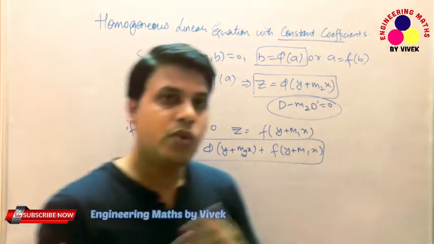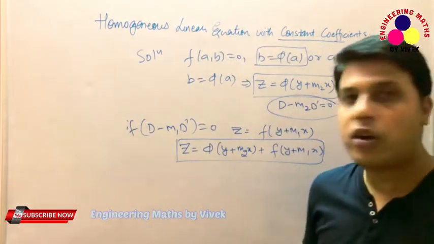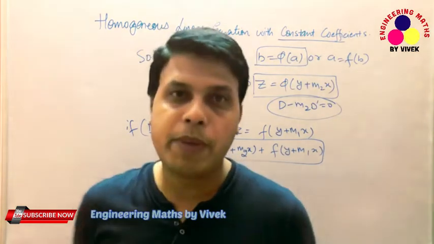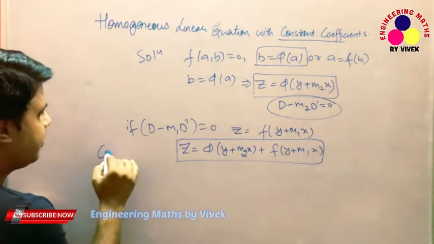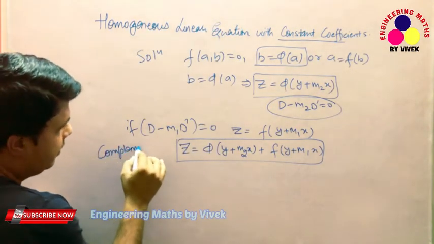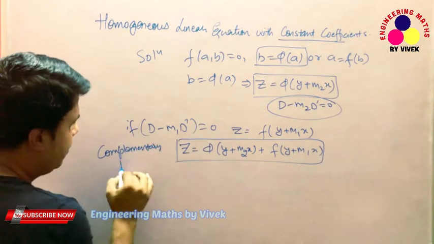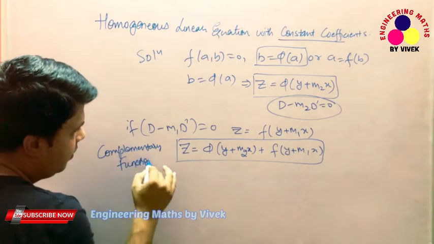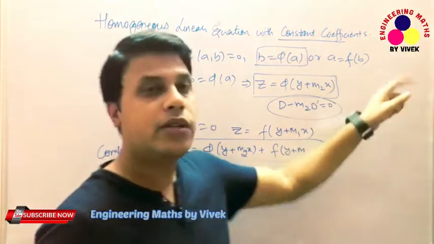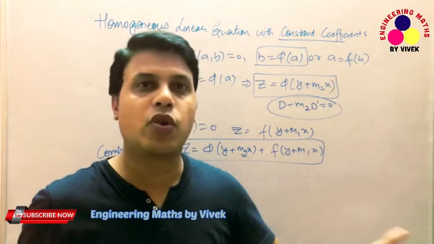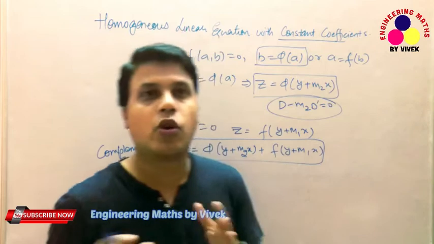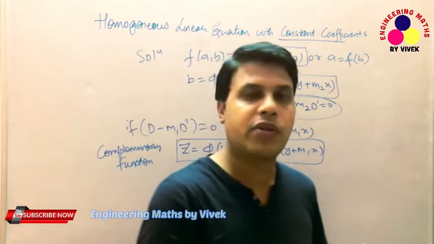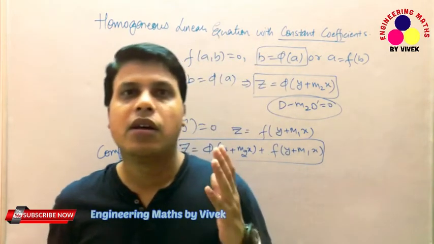So when the roots are distinct, the solution, or we can say the complementary function. Why complementary function? Because the original equation was equal to 0. Whenever the homogeneous differential equation is written in the form of equals to 0, we can only get the complementary function.